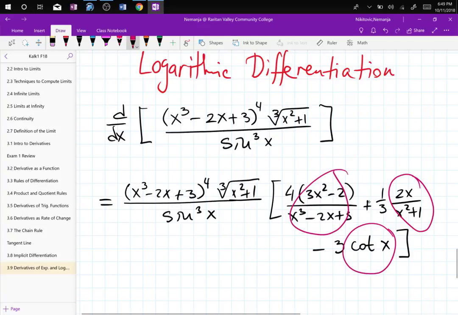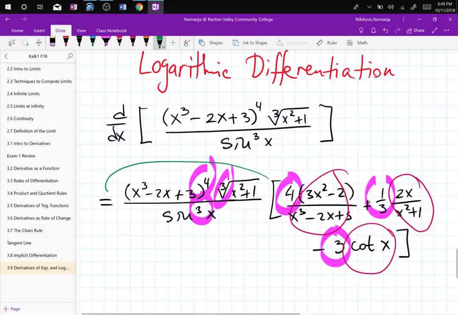You can also pick up these exponents: a 4, 1/3, and a cube. And you're also picking up that these two were on top and they're both positive, and this one is on the bottom and that one is negative.